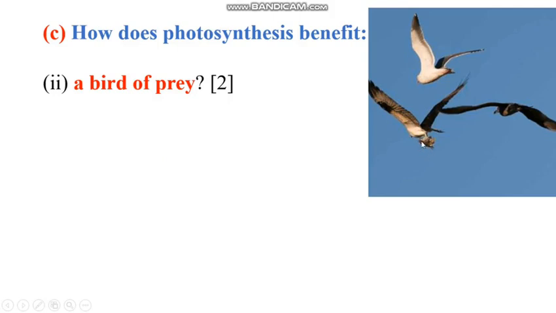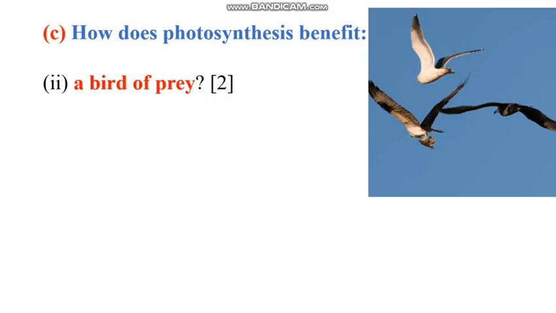Here you understand that photosynthesis will indirectly benefit a bird of prey by providing a food source. The plants obtain sugar, and they act as a source of energy.